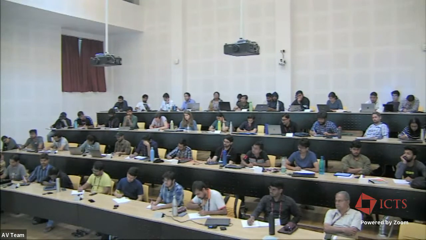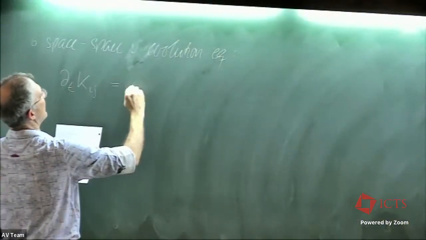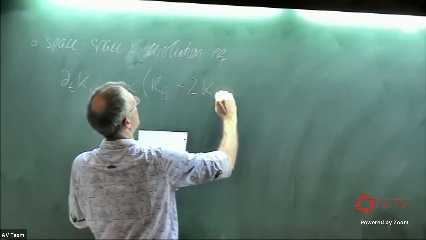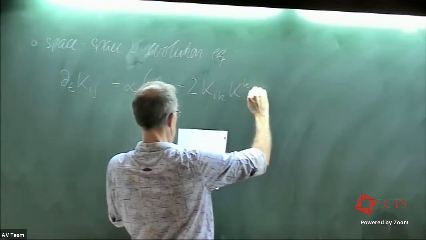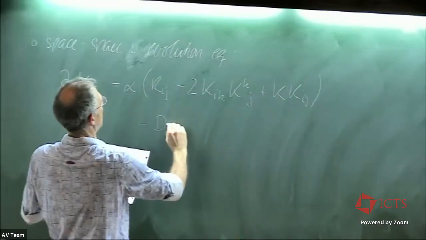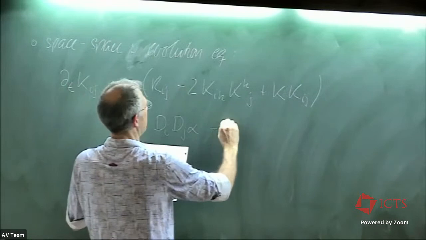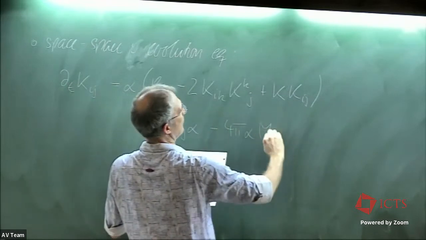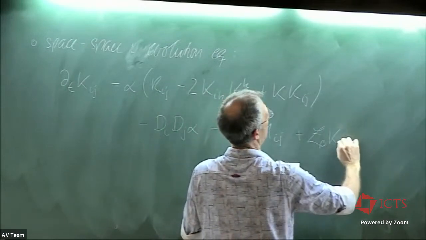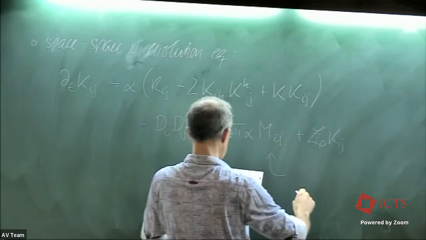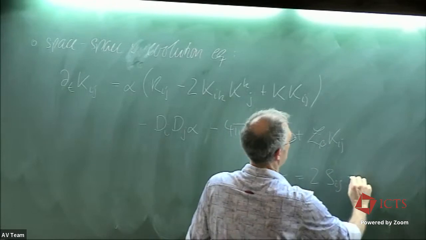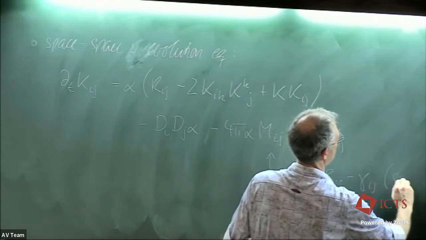Namely, what we will find is that the time derivative of K_ij equals alpha times (R_ij minus 2 K_ik K^k_j plus K K_ij) minus D_i D_j alpha minus 4 pi alpha, and then what I'll call M_ij. These are matter terms, plus the Lie derivative along beta of K_ij. And this M_ij is the same as 2 times S_ij minus gamma_ij (S minus rho).